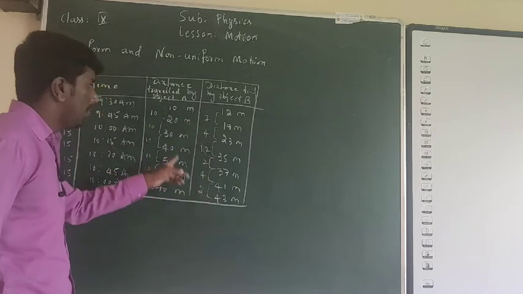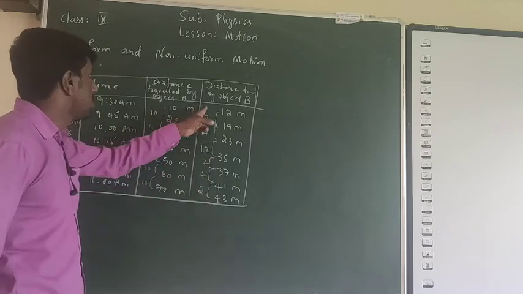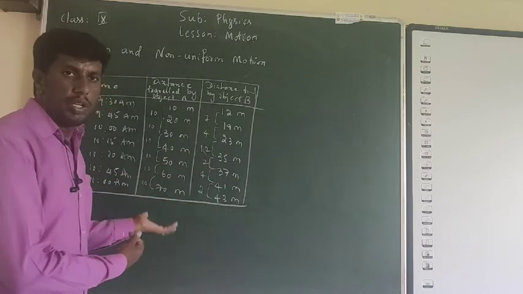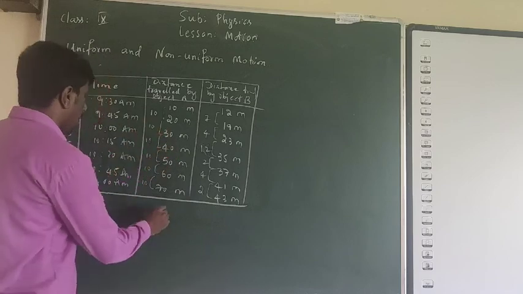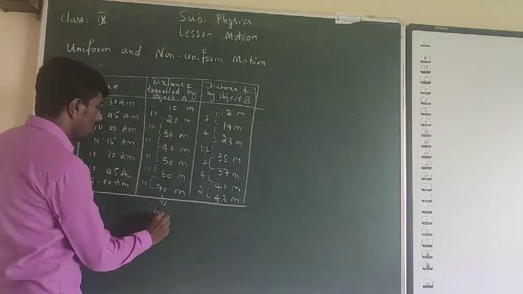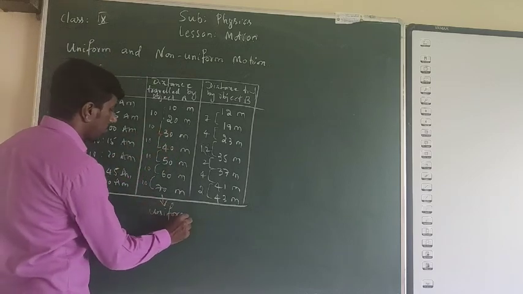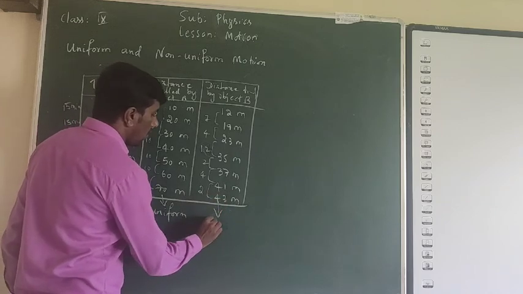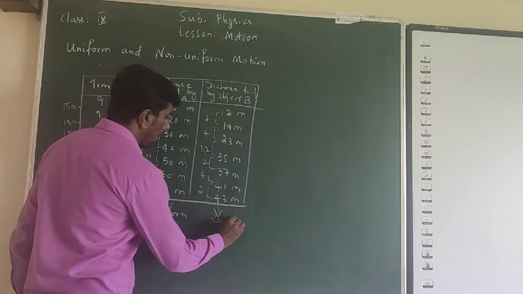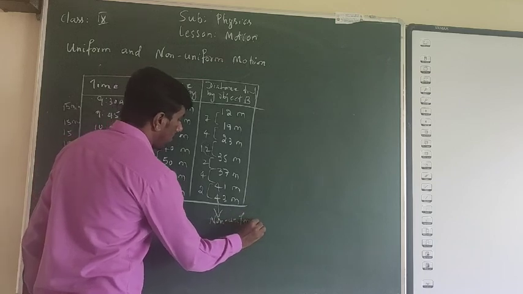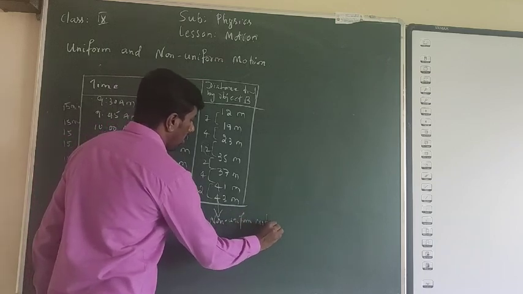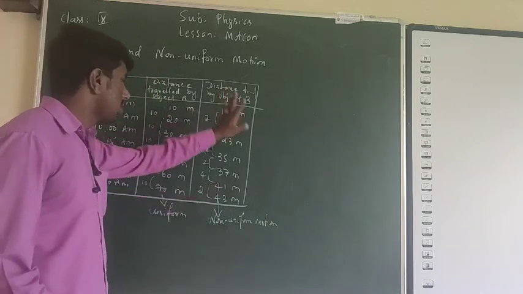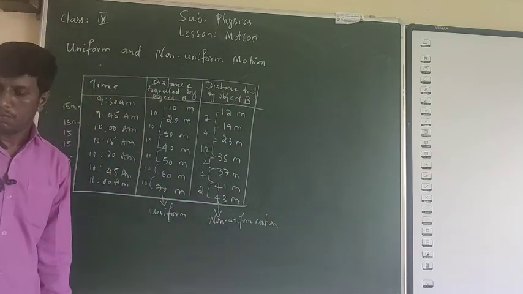It is not equal. Observe that here it is equal distances, whereas here it is not equal distances. Okay, so which is uniform, which is non-uniform? Obviously, object A will be moving in uniform motion. Object B will be moving in non-uniform motion. So this is uniform motion and this is non-uniform motion.